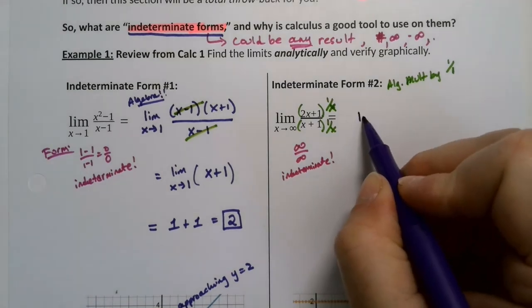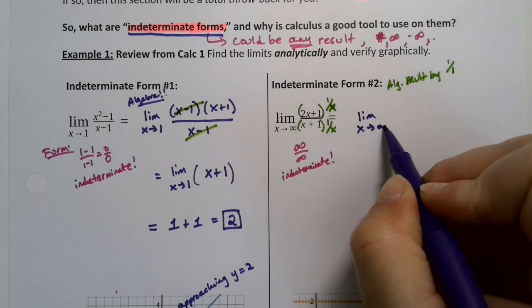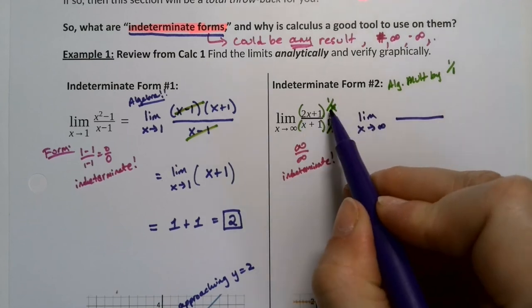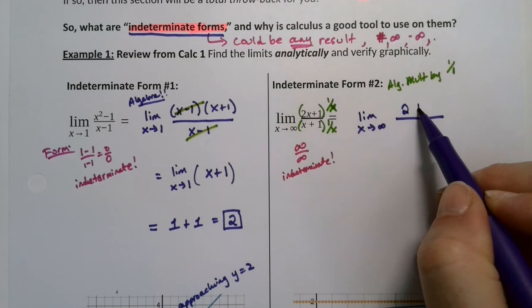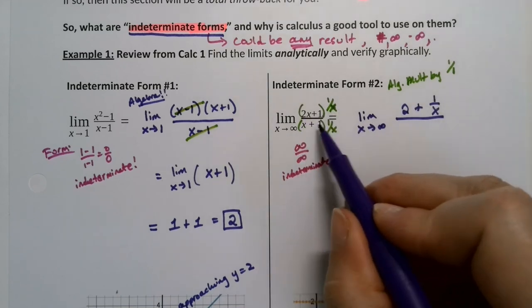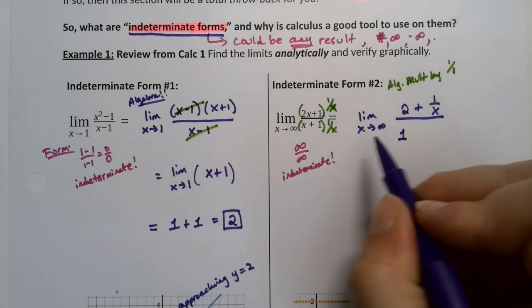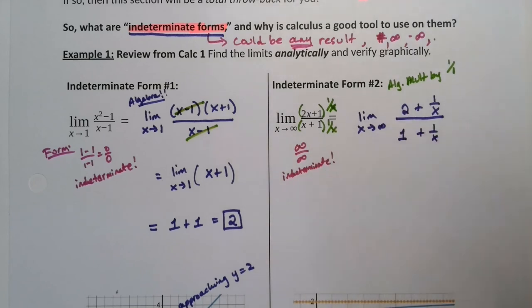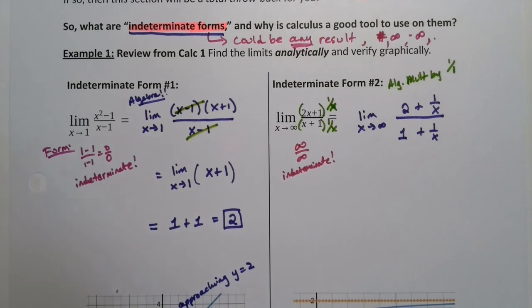So it's the limit as x goes to infinity of, all right, 2x divided by x would be 2, plus 1 times 1 over x is 1 over x. x times 1 over x is 1, plus 1 over x. Now I know you're thinking, well, how in the world did that help me?